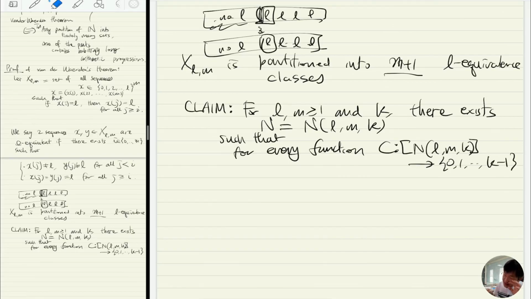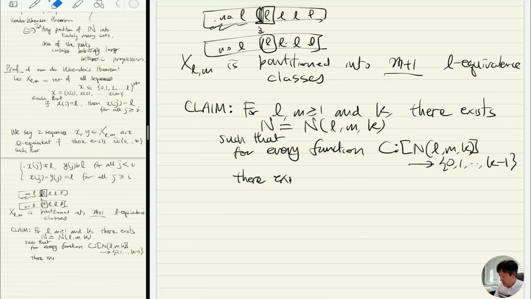For simplicity, I'm going to change the coloring. Instead of using colors from 1 up to k, I'm going to use colors from 0 up to k minus 1. This doesn't change anything. So C is the k-coloring.